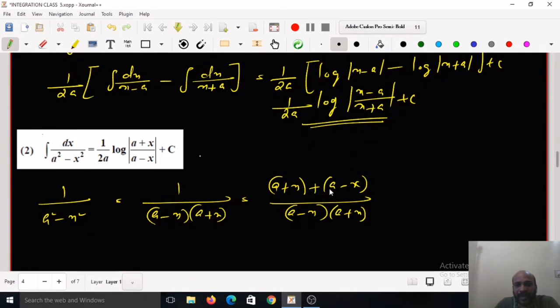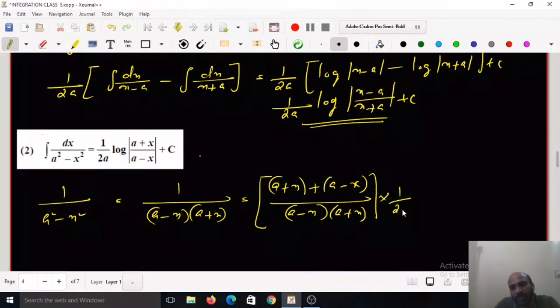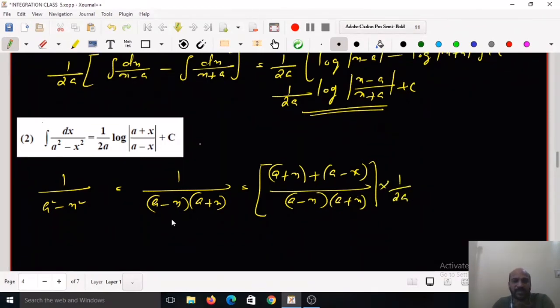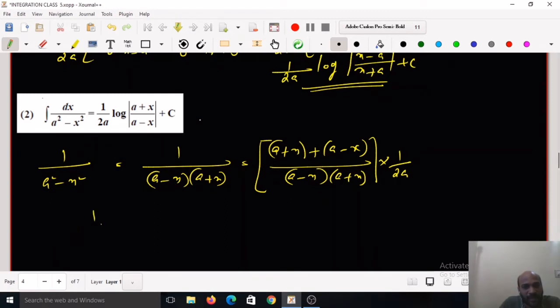So from numerator it can cancel, plus x minus x. 2a is there, so 2a you have to remove, that is into 1 by 2a. So this is equal to 1 by 2a into a plus x by a minus x into a plus x, which is 1 by a minus x plus 1 by a plus x.